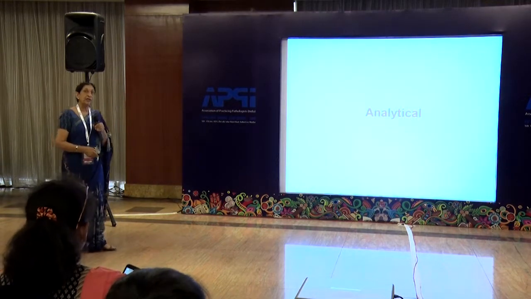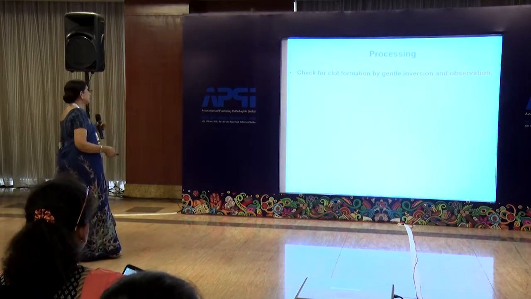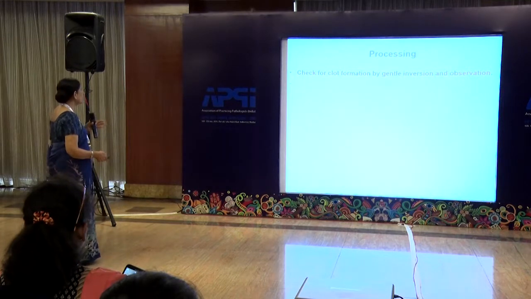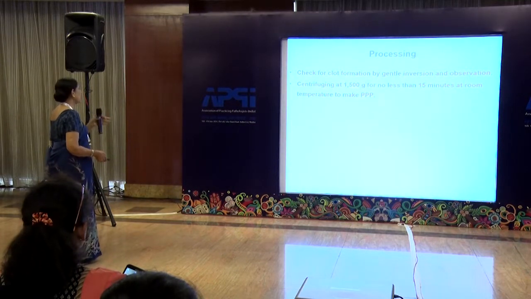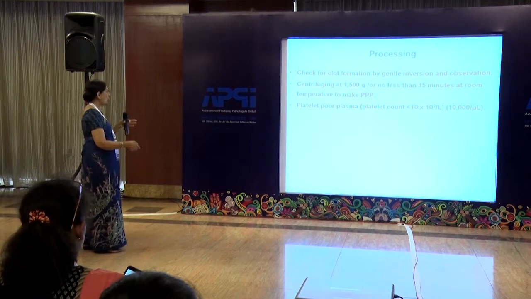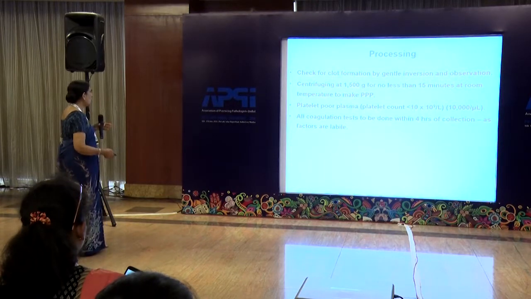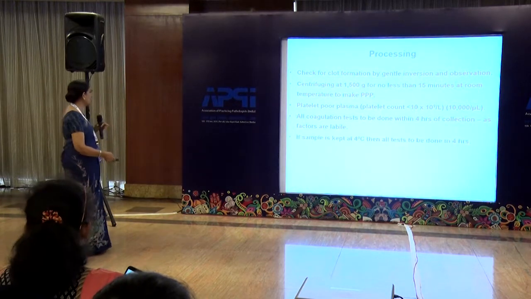Now some of the analytical issues, pre-analytical is over. In the processing, check for clot formation, and centrifuge for 15 minutes, the usual thing, to make platelet-poor plasma with a platelet count of less than 10,000 per microliter. All tests to be done within 4 hours.